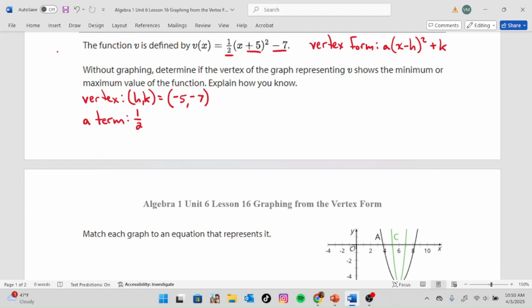Because this is positive, it tells us that it is opening upward. So that means the vertex at -5, -7 is the minimum, and then the parabola opens upward.